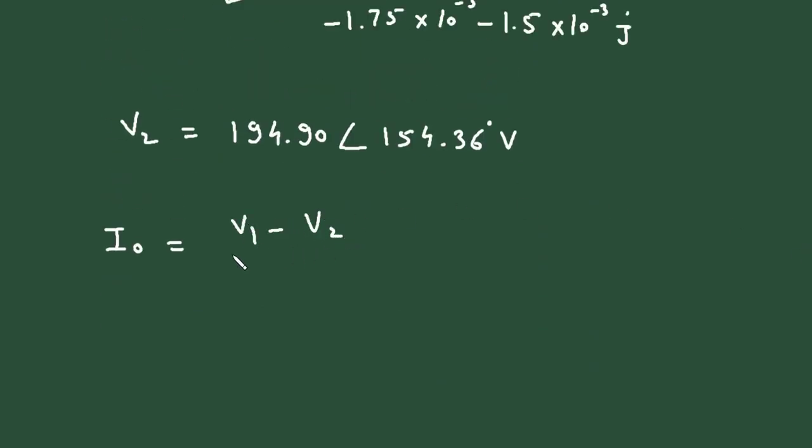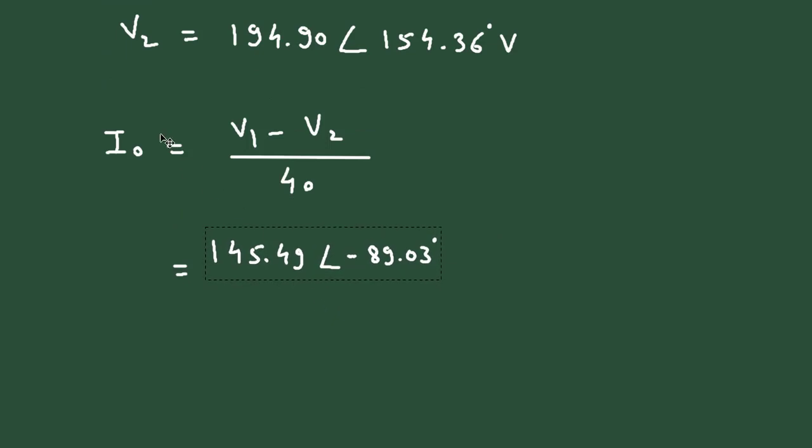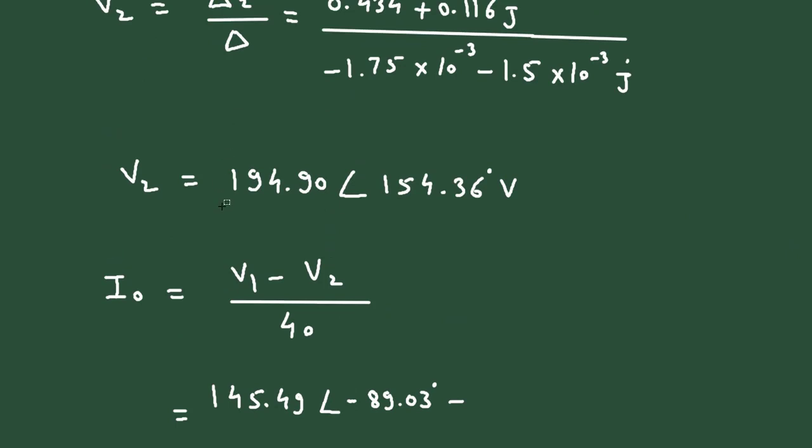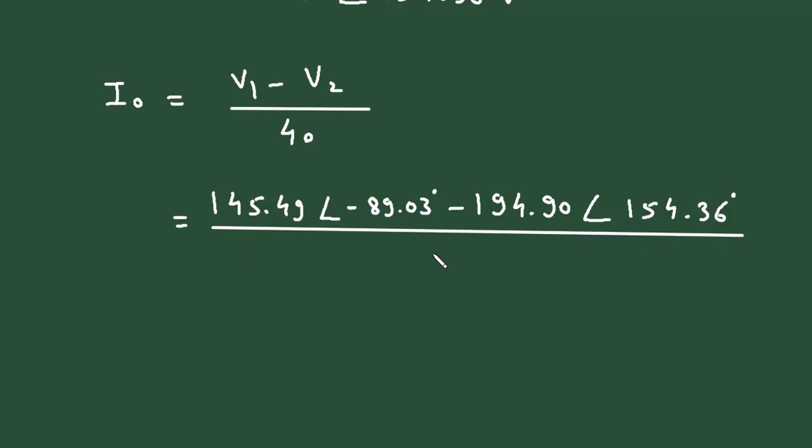So V1 value is this, and this is the value of V2. V1 minus V2 divided by 40.